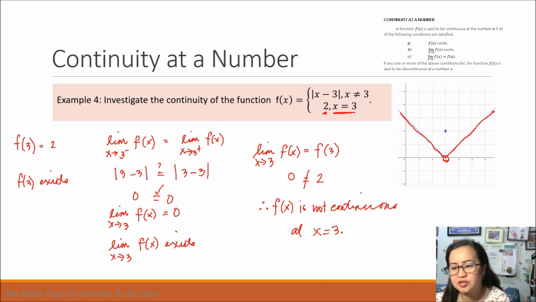Then to trace this, we have to jump. From this, we can say that f of x is discontinuous at x equals 3.